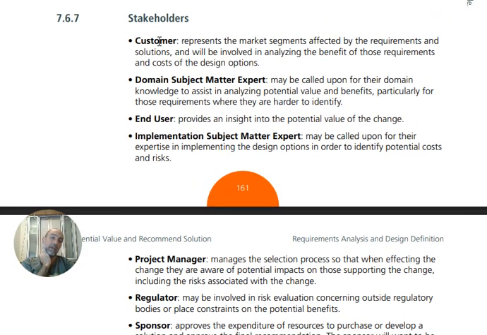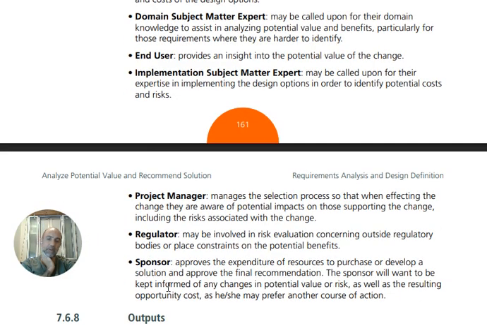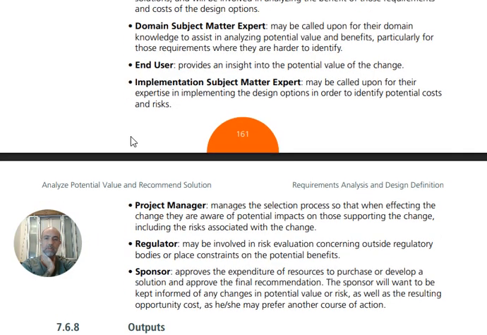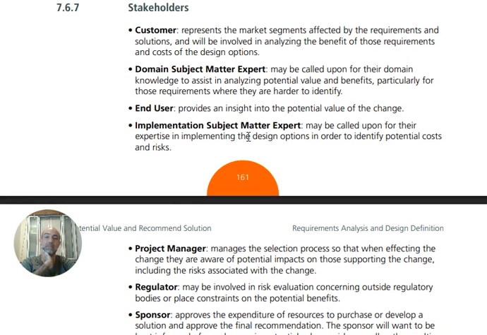The customer here is the actual client, right? The end user is going to be using it. And management, regulatory, and sponsors, the people who gave us the go-ahead, and implementation subject matter experts, whether they're the domain ones or the implementation ones. They're probably the ones who will not give us biased feedback because they're going to be using it.